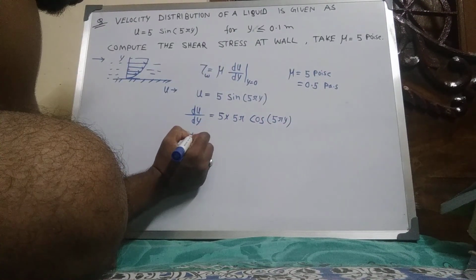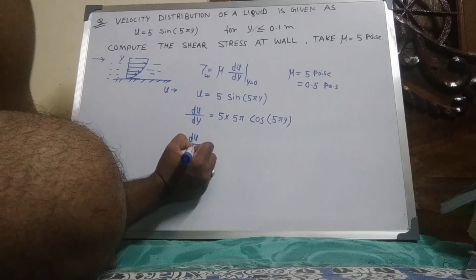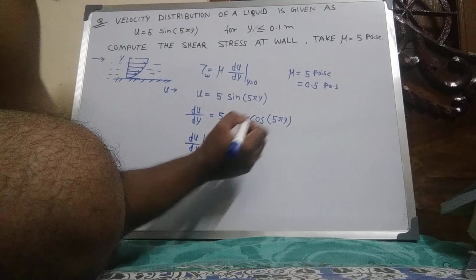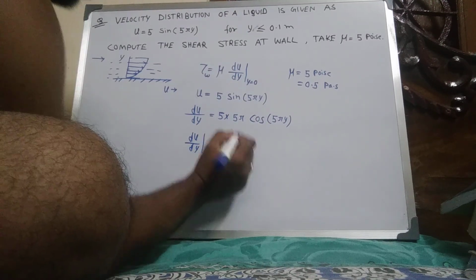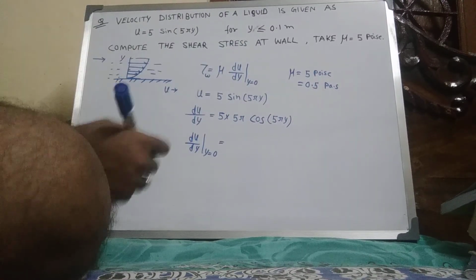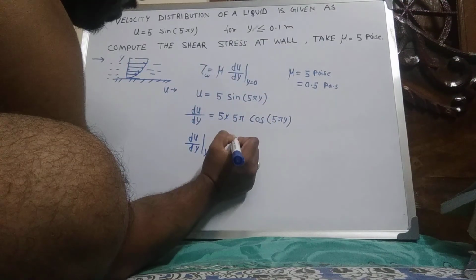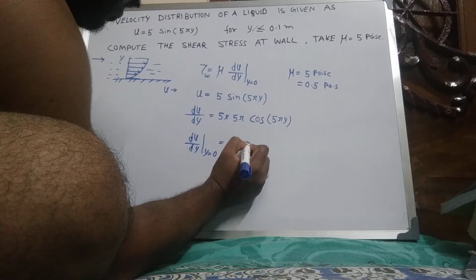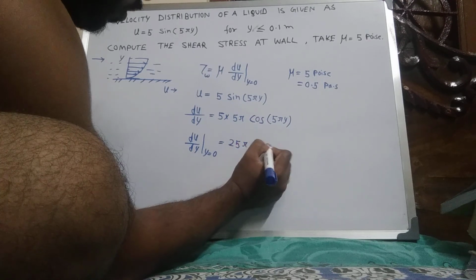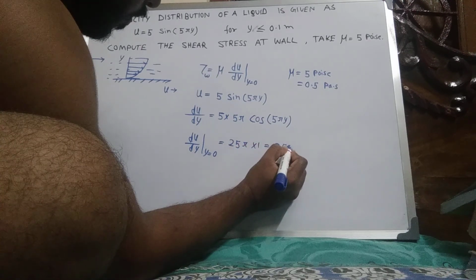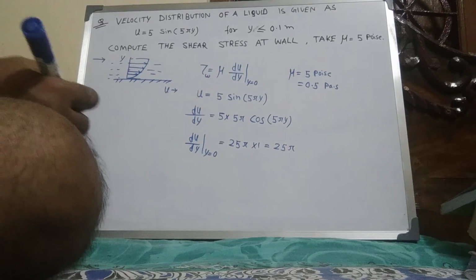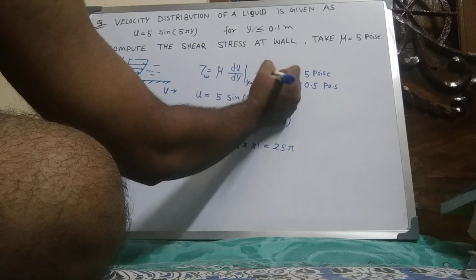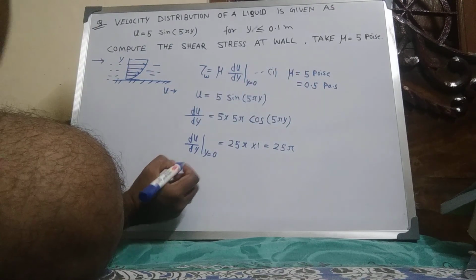Now du by dy at y equal to 0, cos value is 1, so 25 into pi. Understand? Now put the value in equation 1.